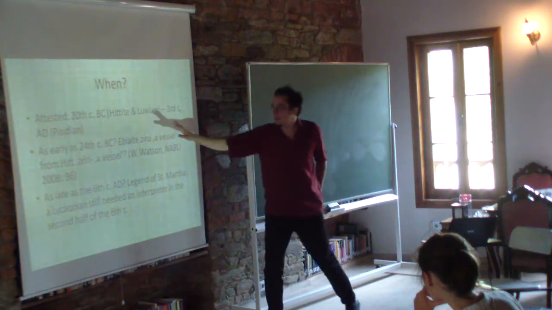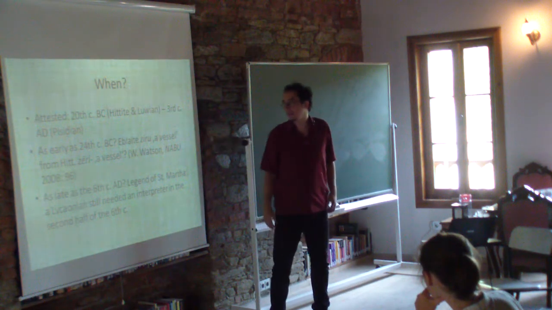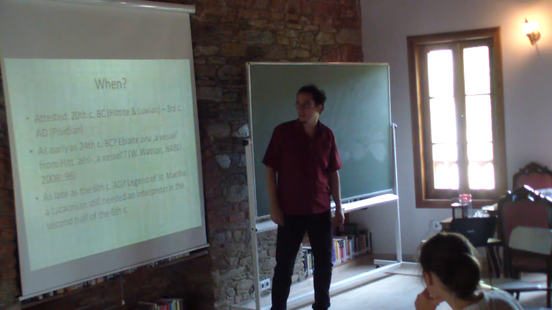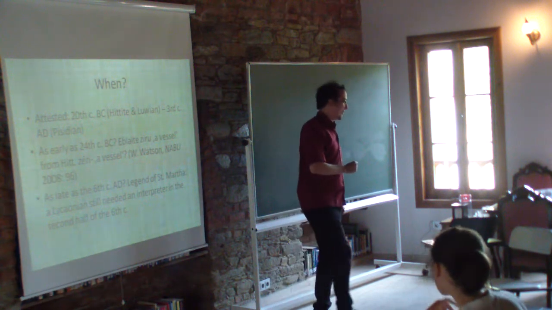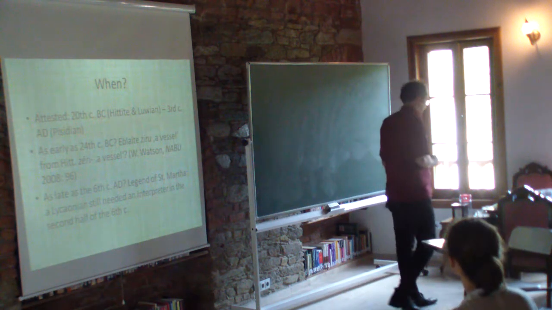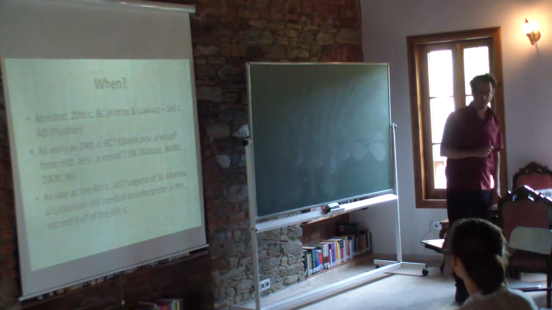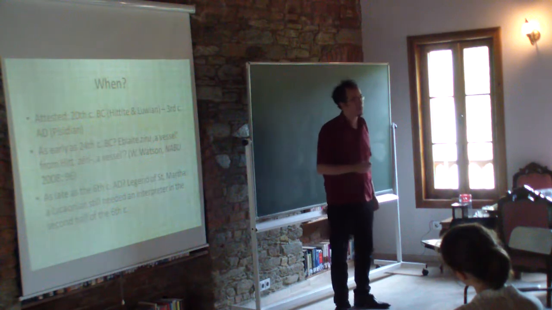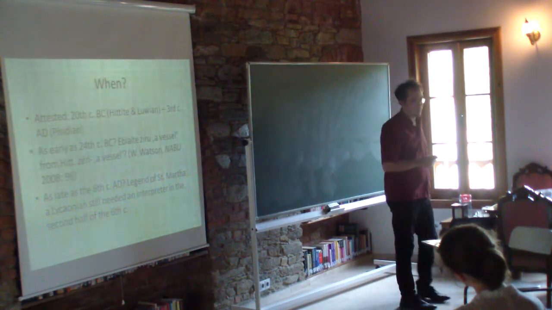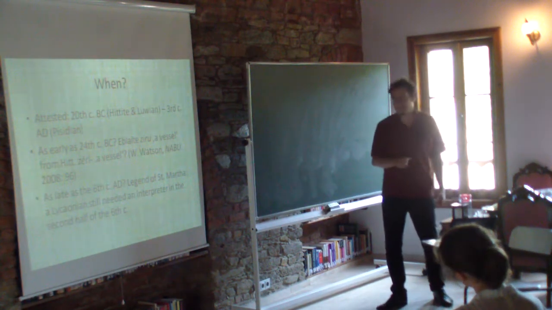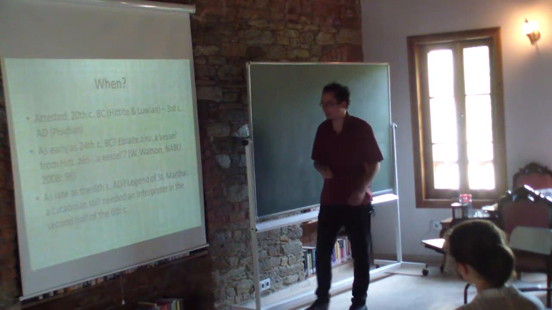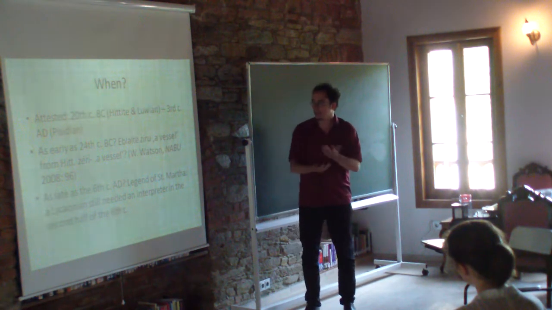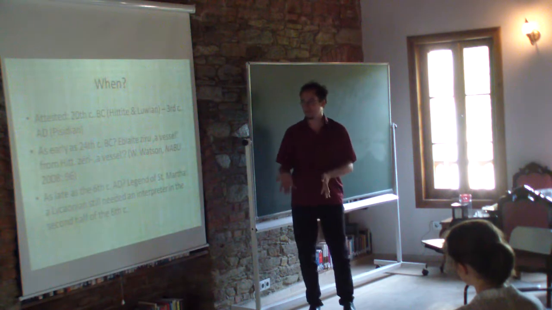So thus we can date the first attestation of the languages in the 20th century. It may happen that we have some even older evidence. In Eblite, this is a Semitic language spoken in northern Syria, there's a term, ziyu. It's a kind of vessel.